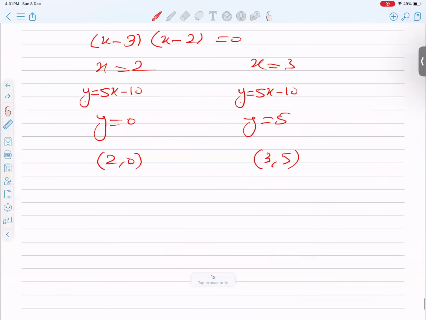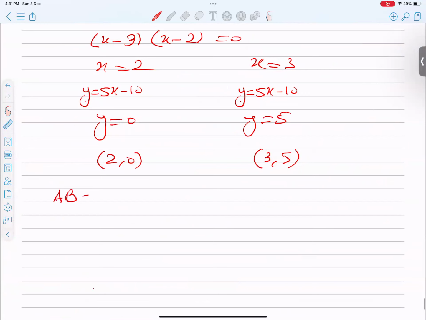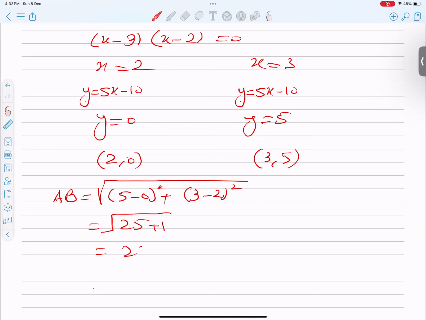I'm applying the distance AB formula directly now: y2 minus y1 whole squared, x2 minus x1 whole squared. And for your knowledge, this 25 plus 1 is 26, so root 26. Alhamdulillah Rabbil Alameen. This is our answer, and the question is completely over.